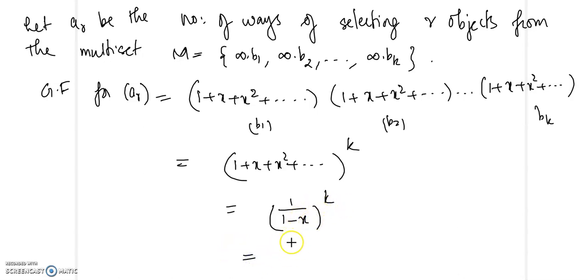Now if you look at the summation for this, that is the summation over r from 0 to infinity of C(r + k − 1, r) x^r.